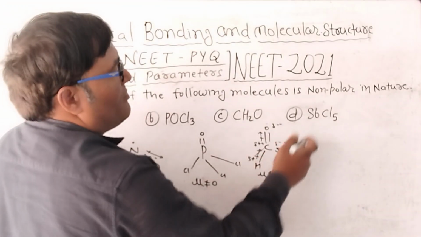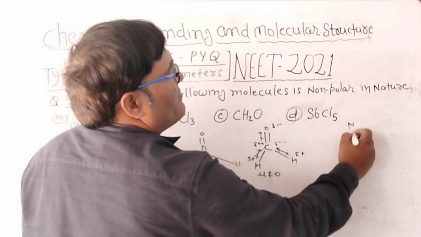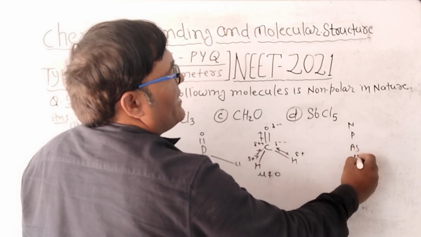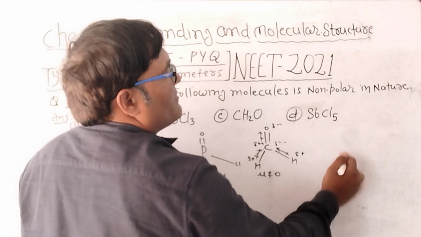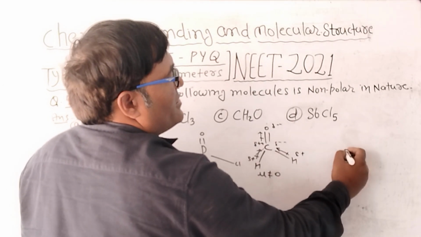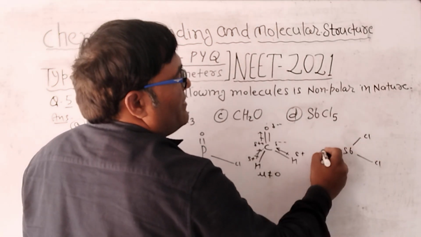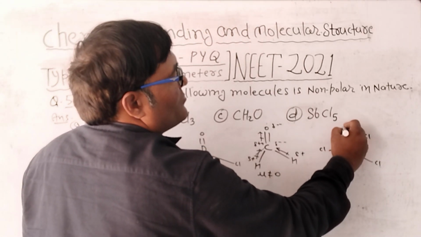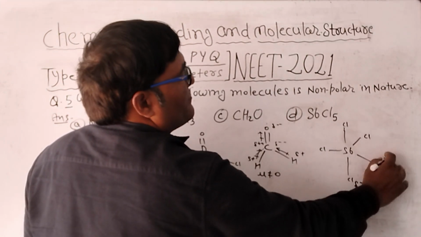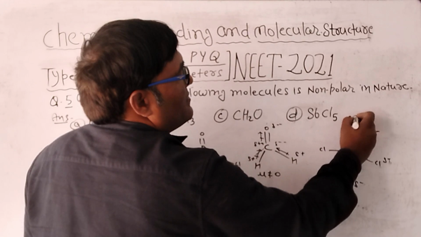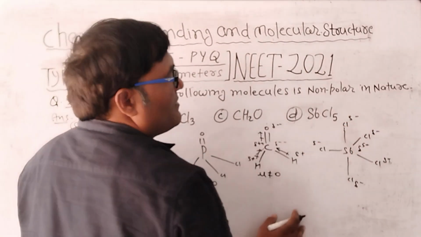Okay. Now SbCl5, Sb is a member of the nitrogen family. So nitrogen, phosphorus, arsenic, antimony, these are the members of group 15. Valence electrons 5, and the structure of SbCl5 is trigonal bipyramidal. So here delta minus partial charge, and here delta 5 positive partial charge.